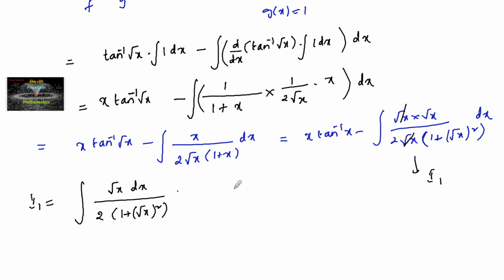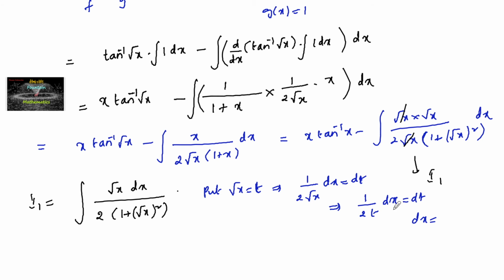Let us substitute: put root x equal to t, which implies 1 upon 2 root x dx is equal to dt, that is 1 upon 2t dx is equal to dt, or 1 upon 2 dx is equal to t dt.